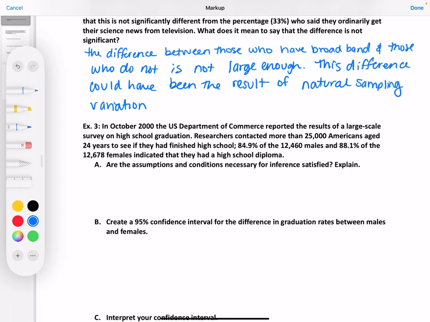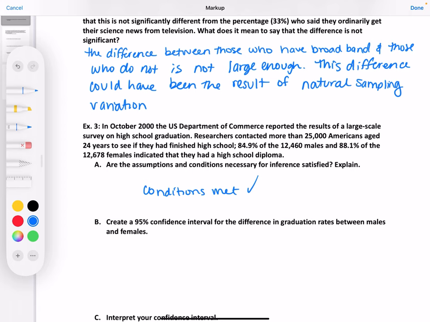Are assumptions and conditions necessary for inference satisfied? So, yes. It's independent, 10%. Certainly more than 10 when we multiply the numbers. If a condition or two isn't met, then we can't perform the inference.